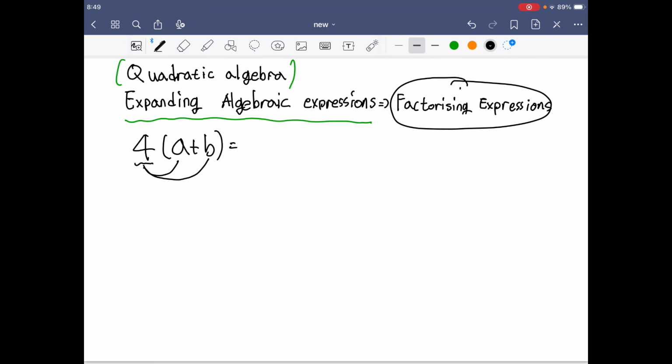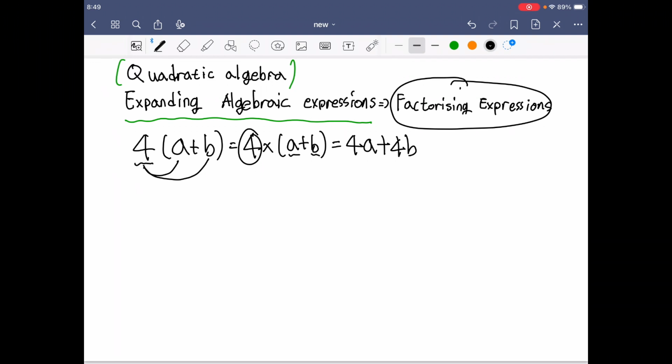Actually, there's multiplication going on between this bracket and this number. So we simplify this bracket just by multiplying each number by the number outside the bracket. So that's how we get 4a plus 4b. It's pretty easy, but we have to know why.